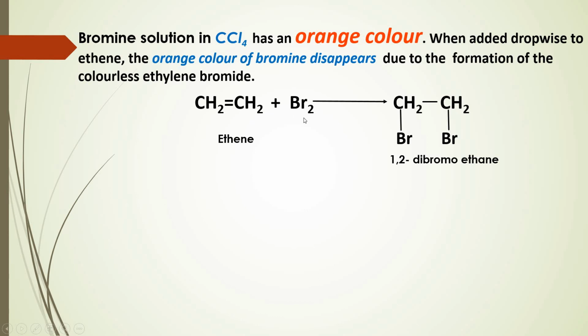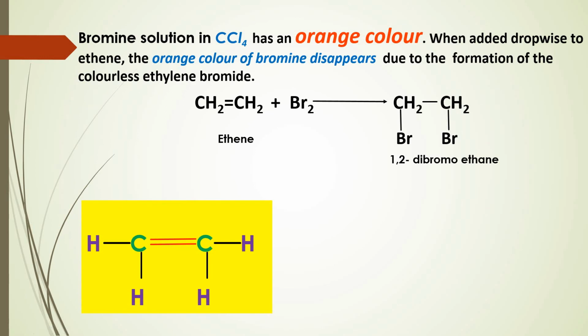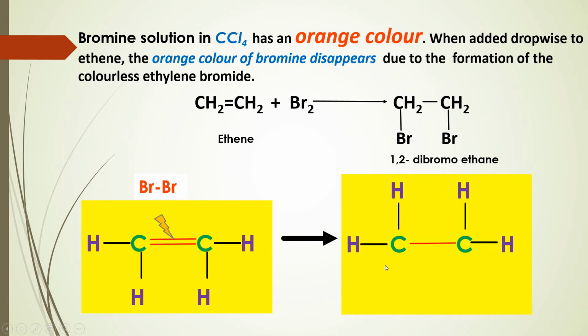Bromine is orange colored, whereas this compound where bromine is attached is colorless. So the reaction mechanism is the same. When the double bond compound ethene is brought closer to bromine, with the help of energy, this bond breaks, which gives the possibility of forming two single bonds like this, and to each single bond bromine can be attached.